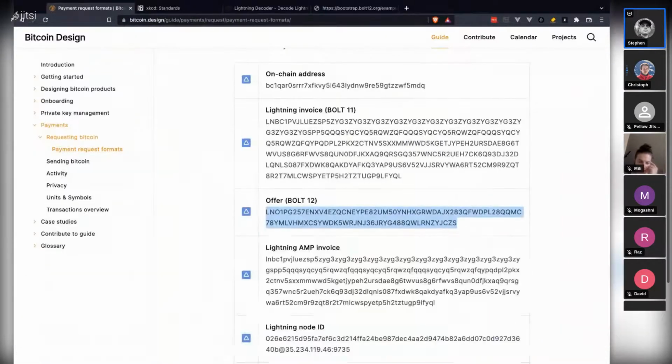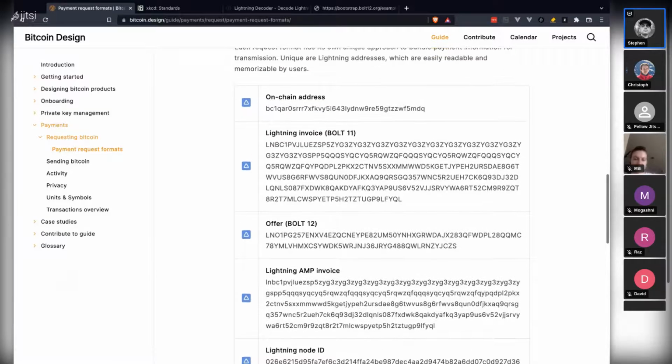Yeah, and the big thing is that QR code will work today and tomorrow and next year, because the offer basically just includes the contact information for a node with some other details. And then your node actually gets a Bolt 11 invoice to make the payment. But the invoice always expires.